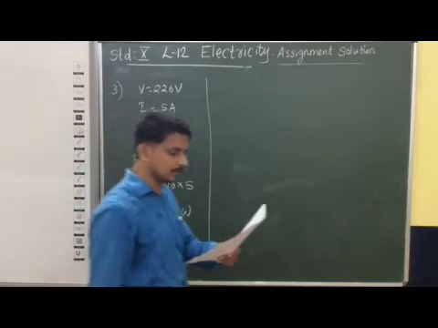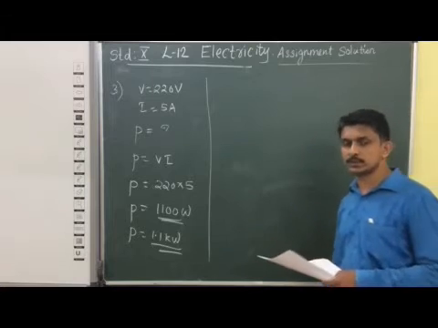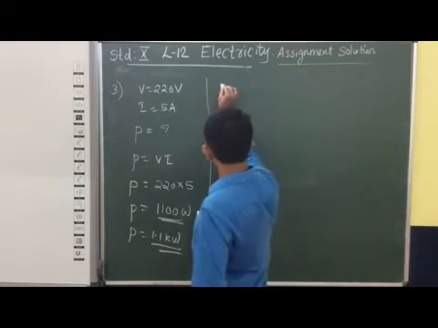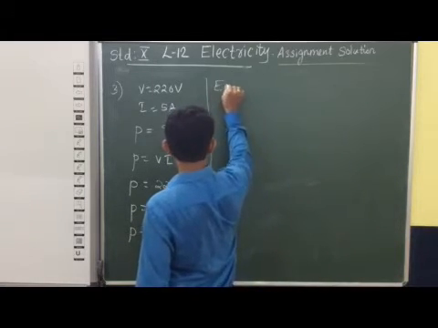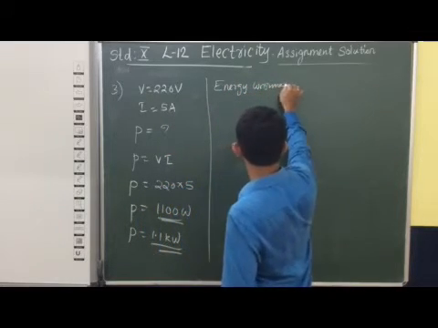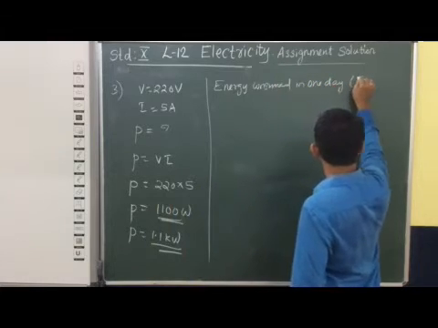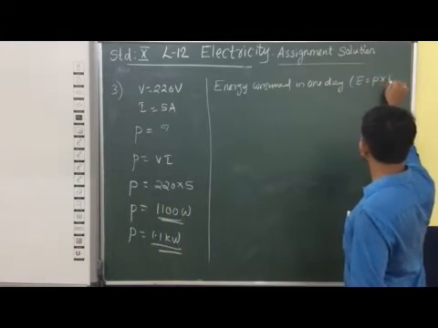Now the second part: what is the cost of using the heater for 30 days if 1 kilowatt hour costs 50 paisa? In that case we have to calculate the energy only, so we calculate the energy consumed in 1 day. In order to calculate energy, we know energy is equal to power into time.